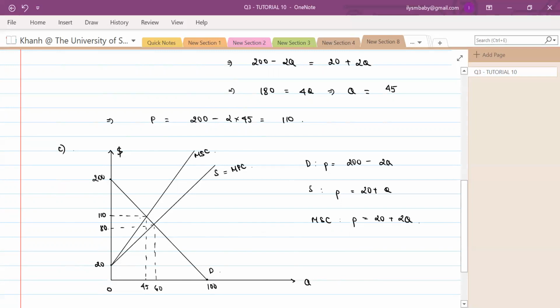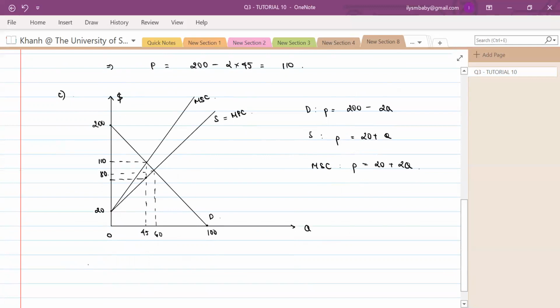As you can see, the government can impose a specific tax that is equal to the value of the externality at the optimal level of output 45. At the quantity 45, this 110 is the marginal social cost, and if you go to the marginal private cost curve, this point over here is the value of the marginal private cost.